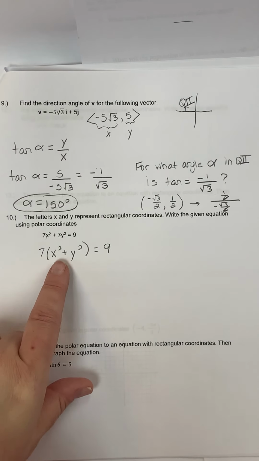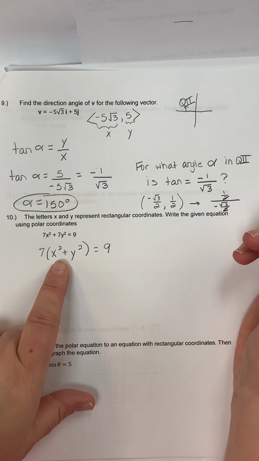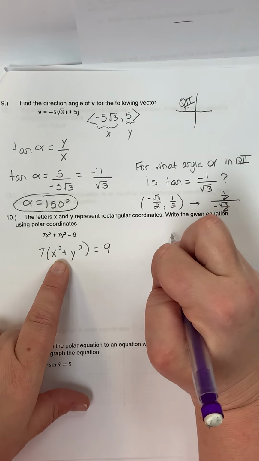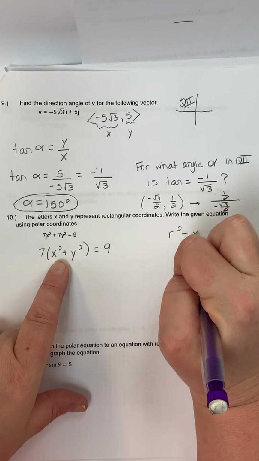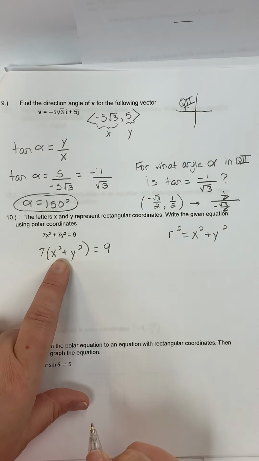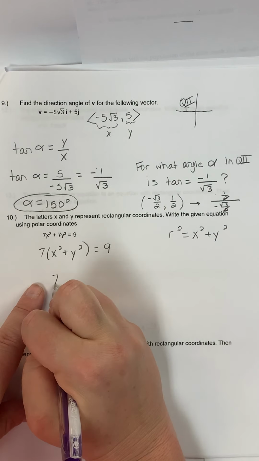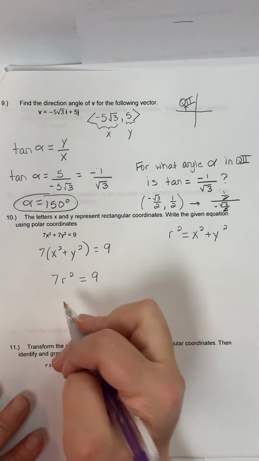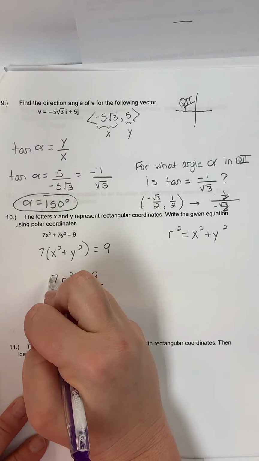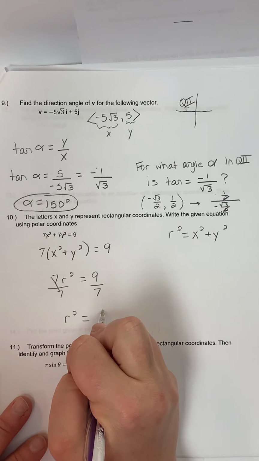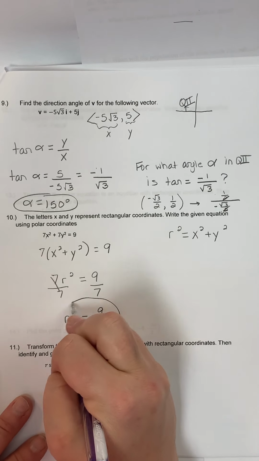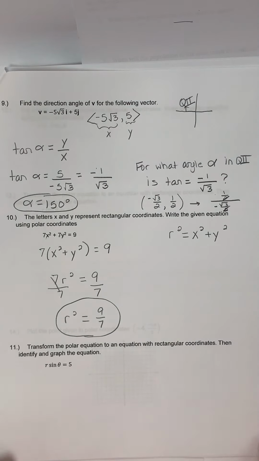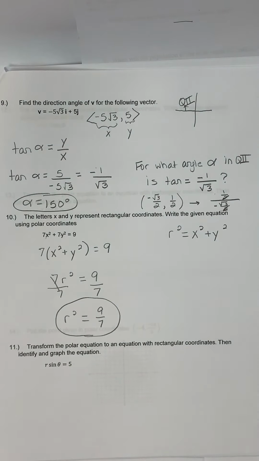Now, I recognize x squared plus y squared, because that's what r squared equals. So I'm going to replace that with r squared. Then I'm going to solve for r squared. I don't have to solve for r, just r squared. And that's my polar equation. That's all I had to do. I just had to get rid of my x's and y's and get my r on a side by itself.